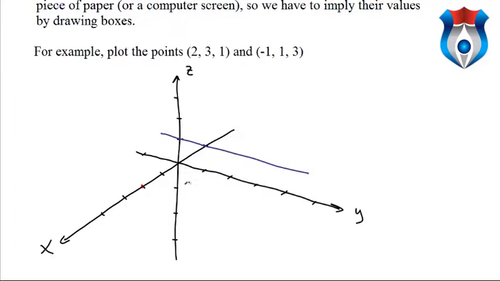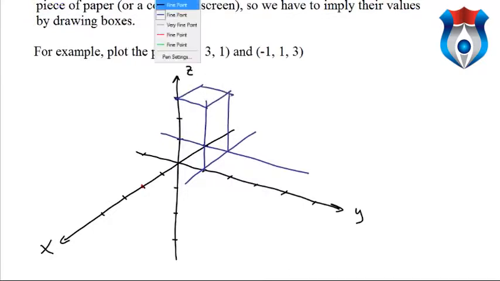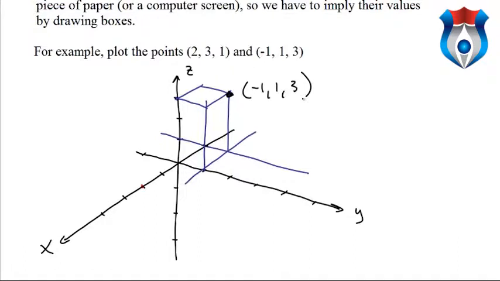Plus 1 in the y direction, so we go this way, and we go 1, 2, 3 up, which means we have sort of this box: 3 tall, 1 wide, and -1 in the x direction. So this point up here is the point (-1, 1, 3). Do I expect you to be able to do this? Oh, I guess not.